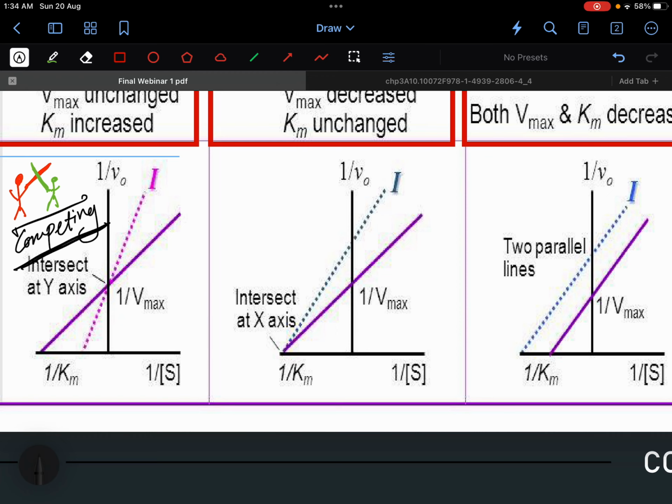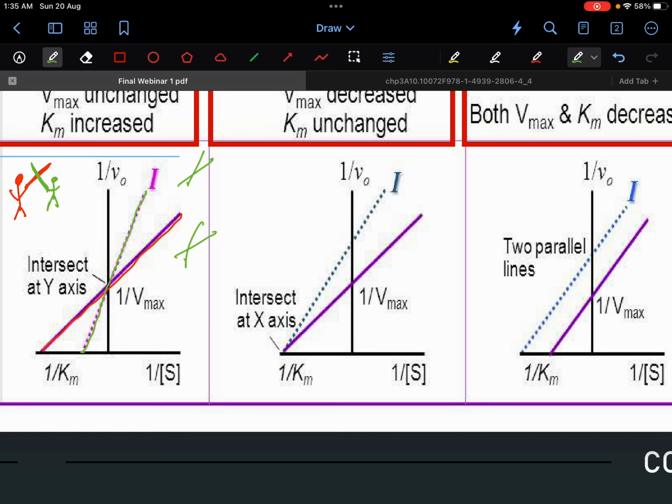So I like to remember like this: whenever there is a graph where the lines are competing with each other, you will see that it is crossing at a certain point, crossing in the middle. You will feel like there are two swords cutting each other, right? So this is competition. They are competing with each other. So this is competitive inhibition.